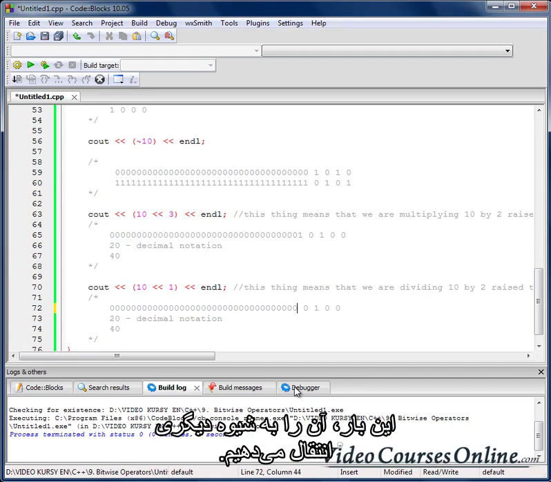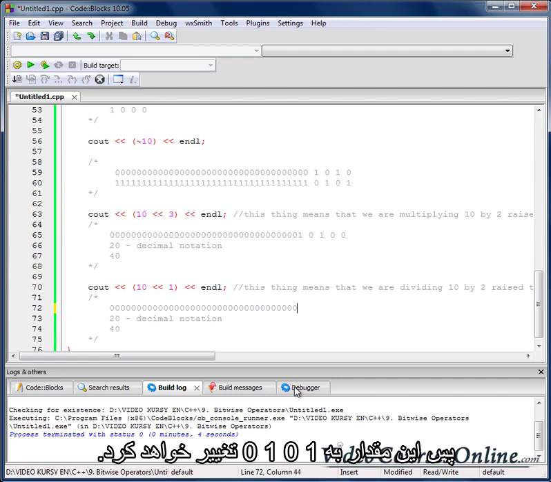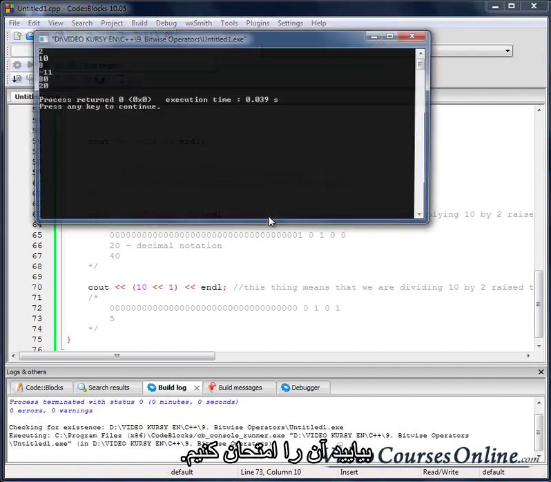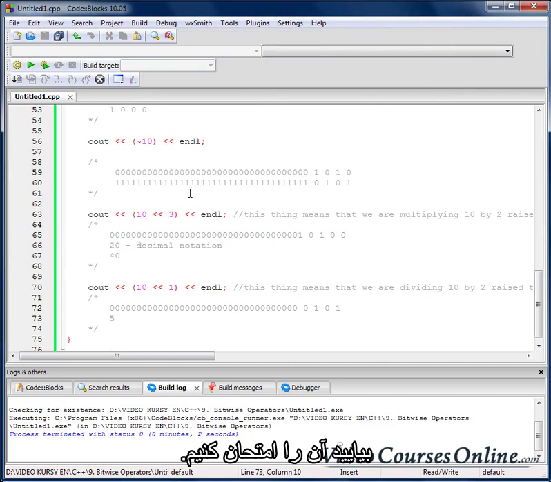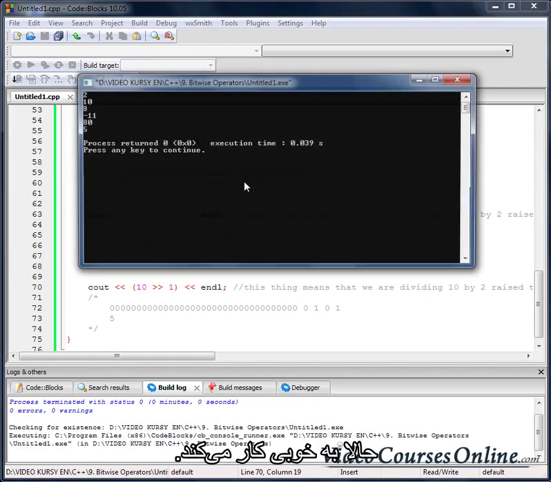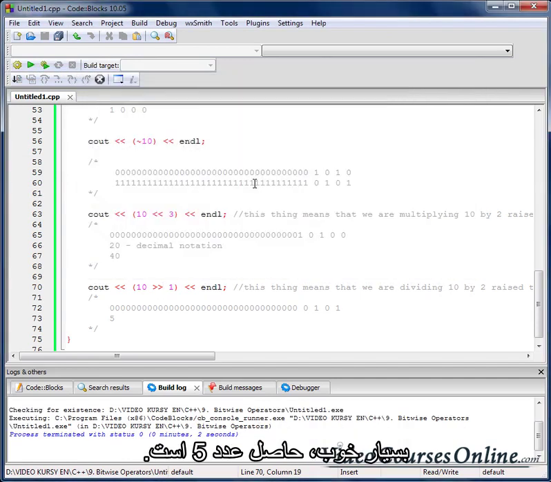This time we are moving it the other way, so this will be changed to 0, 1, 0, 1. So it will be 1 plus 4, 5, right? Let's check it out. Sorry, of course, we should change that to the right shift. And now it works fine. Okay, it's 5, everything is okay.